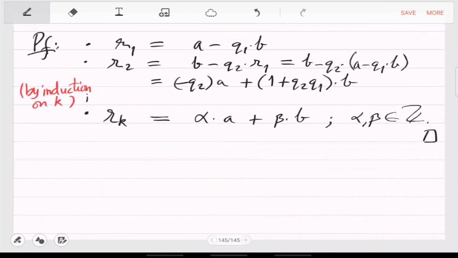Right, so that's called, what is it called? So this is the extended Euclid GCD algorithm.